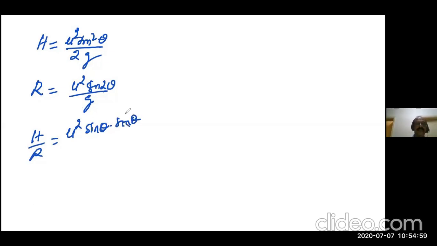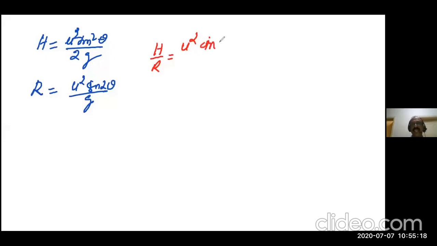In this equation, sine squared theta is sine theta into sine theta, divided by 2g. And R is equal to what? g will go to the numerator here, R is U squared sine 2 theta by g.